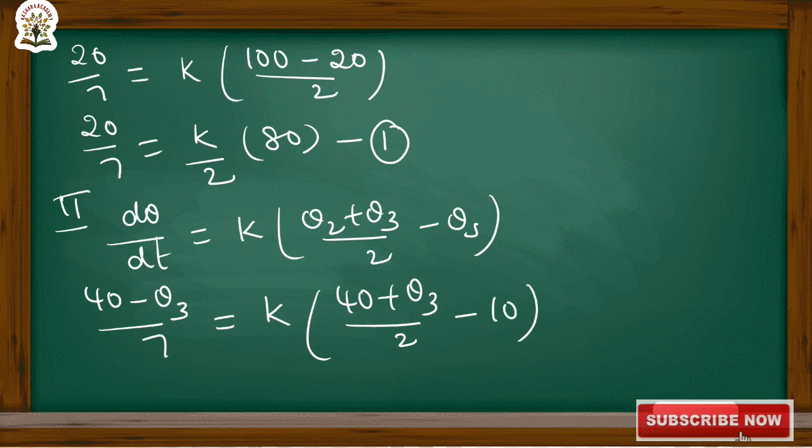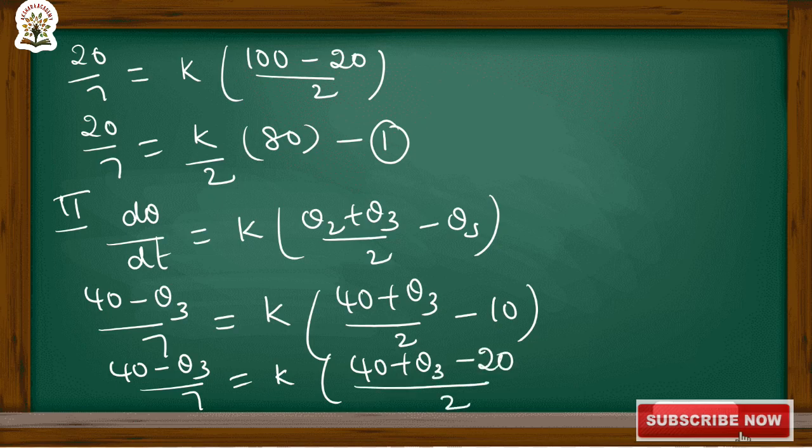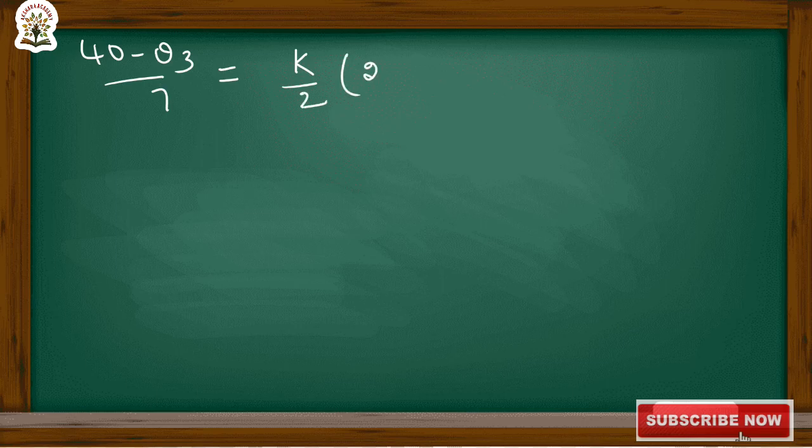They have given 10. So 40 minus theta 3 by 7 is equal to k of 40 plus theta 3 minus 20, taking LCM by 2. Next, 40 minus theta 3 by 7 is equal to k by 2 of 20 plus theta 3. This is equation number 2.